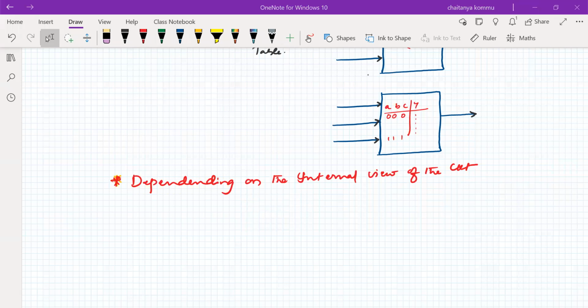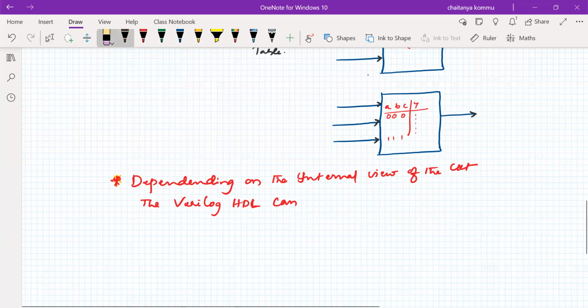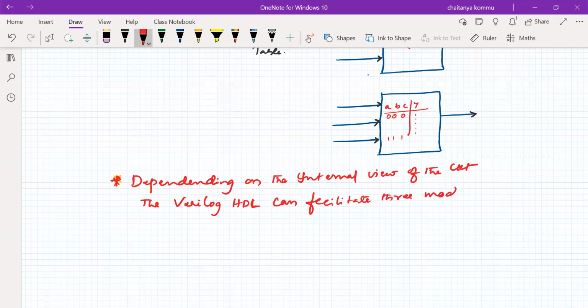Depending upon the internal view of the circuit, the Verilog HDL can facilitate three modeling styles.